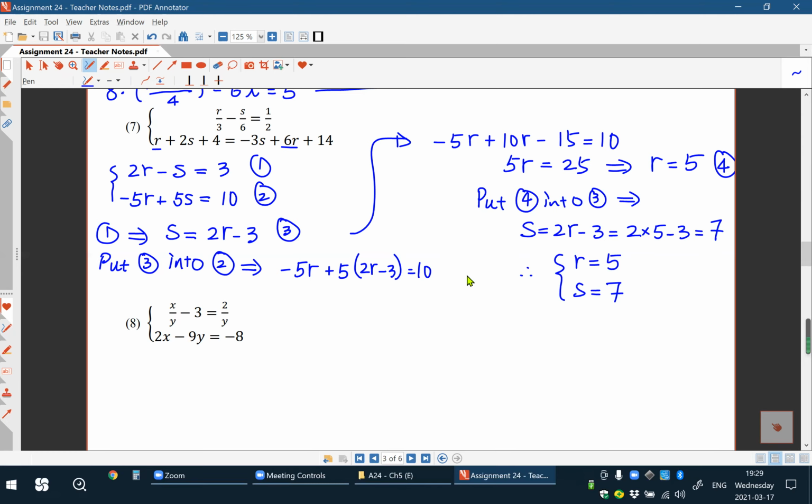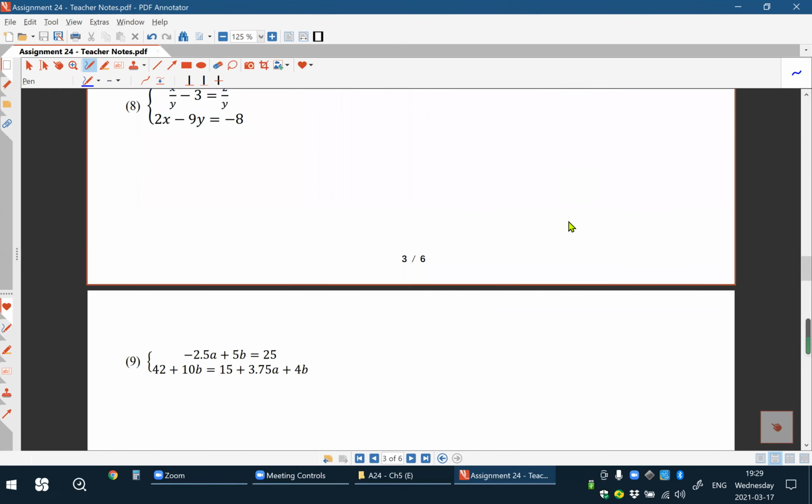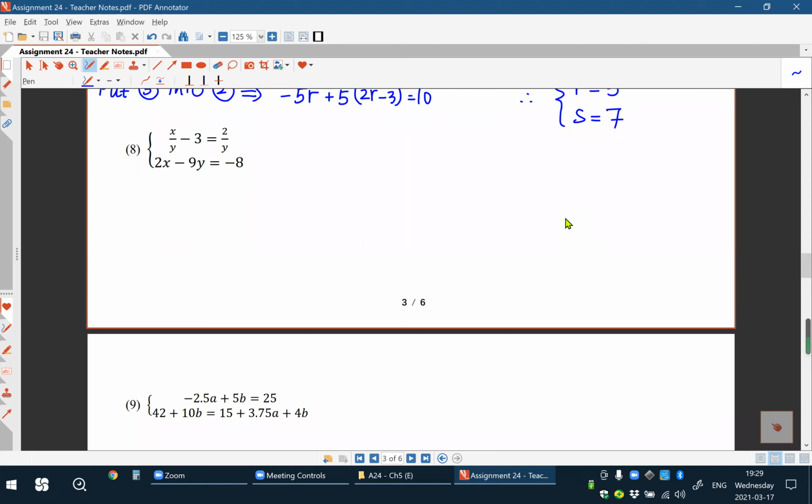No questions? Let's see the next one. Again, you can use either elimination method or substitution method, right? Let's see equation 1 and equation 2. Equation 1 is not very linear, right? So let's see if we can convert it to linear equations.